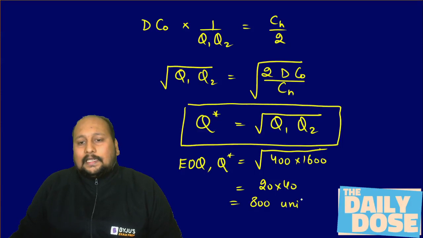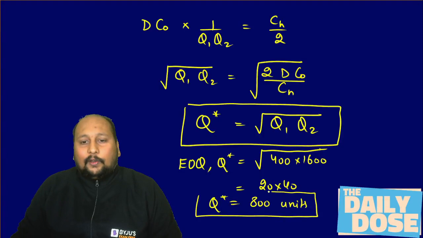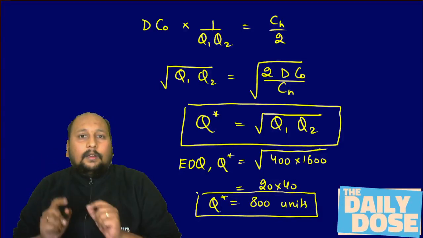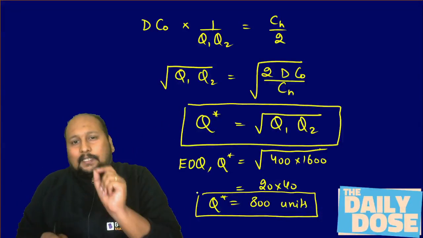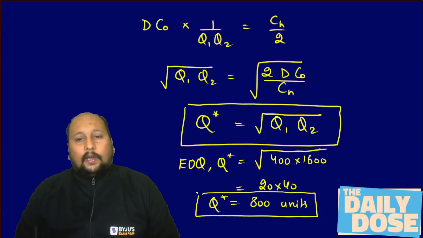So now we have got one very interesting concept in this particular video: if the total inventory cost for one quantity is exactly equal to the total inventory cost for a second quantity, we can simply say the economic order quantity will be the square root of Q1 into Q2.